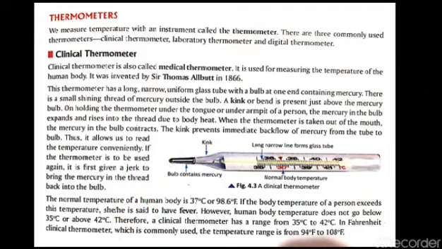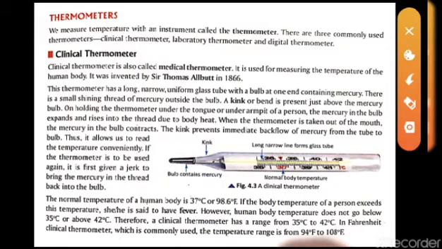So in this video we are going to read about thermometers, as we had already read in the first video that thermometers are instruments that measure temperature. So let's read what a thermometer is and what types of thermometers there are.